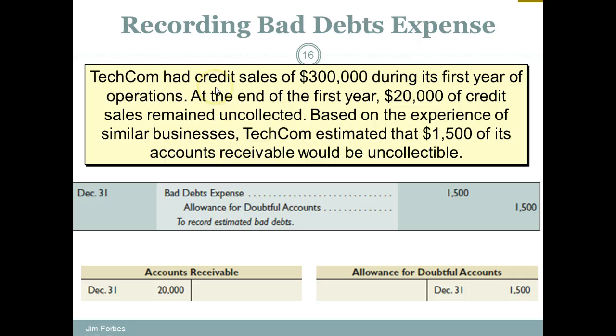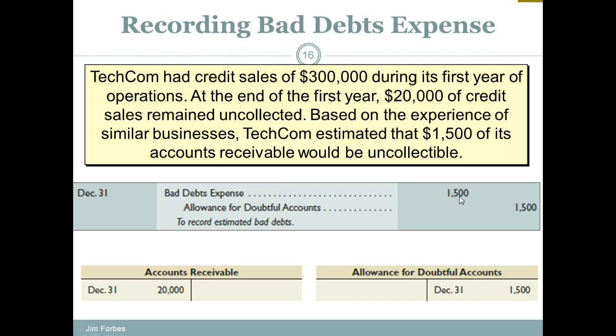So what happens with the bad debt? Here you had credit sales of $300,000, and at the end of the year, $20,000 of sales remain uncollected. But based on your experience, you estimate that 15 percent of that accounts receivable would be uncollected. So you notice at year end, you're allocating $1,500.